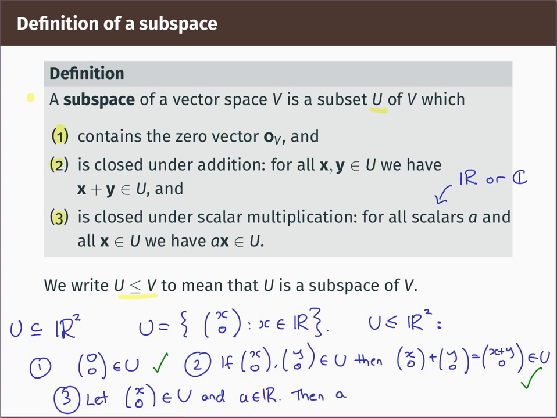Then if we look at the scalar multiple, A times (x, 0), well, from the definition of scalar multiplication in R squared, that is (ax, A times 0), which is (ax, 0) again, and that for sure is an element of U. We've passed all three tests, and therefore this U is a subspace of R squared.